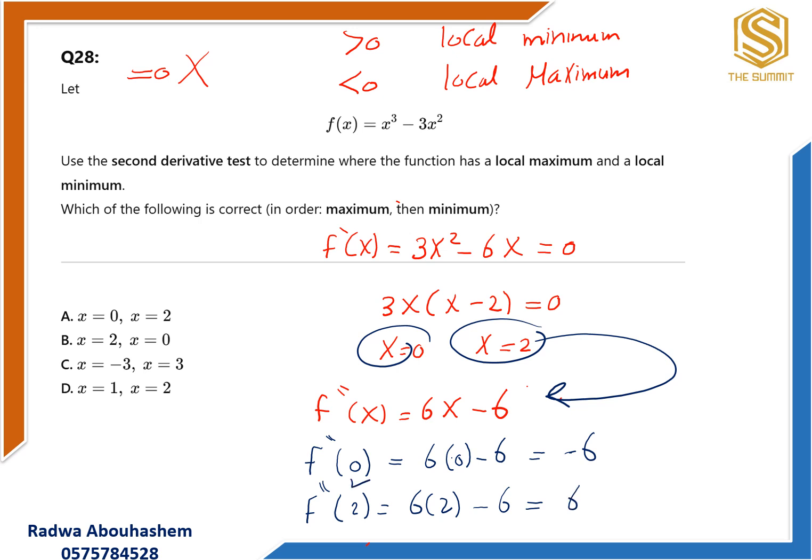So at 0, it gives me -6, so it's smaller than 0. So at 0, you have a local max. And at 2, you have a local minimum. He told me maximum first, then minimum. So it would be 0, then 2 here. Here's my answer. I hope you understand it very well.